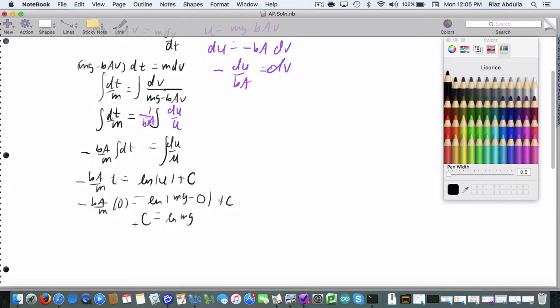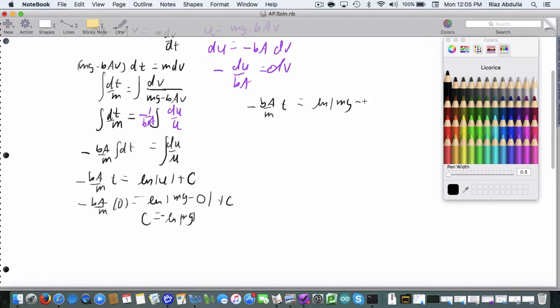And so let's go ahead and solve: negative BA over m t equals the natural log of mg. So c is negative log of that.